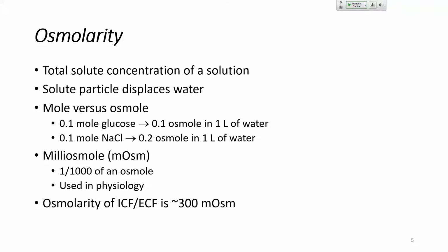Some textbooks will say 280, but let's call it 300 milliosmol in terms of those two solutions. Now it's really important that the ICF and the ECF are of the same osmolarity. We'll talk about examples of how that can change and how we can get some pathology. But for the most part, in healthy, normal physiology, the ICF and ECF are roughly 300 milliosmol.